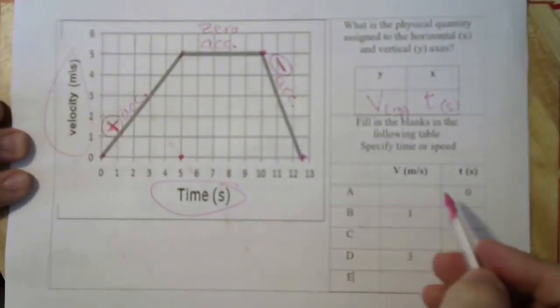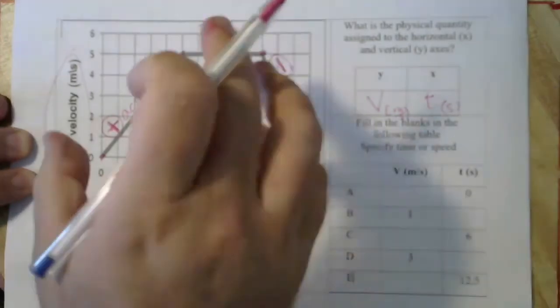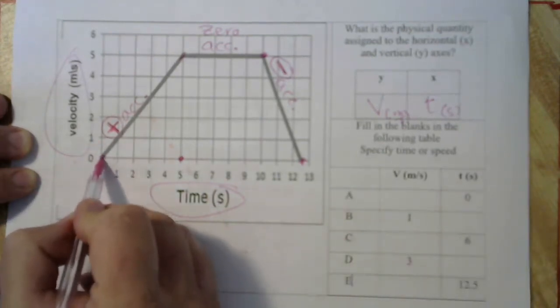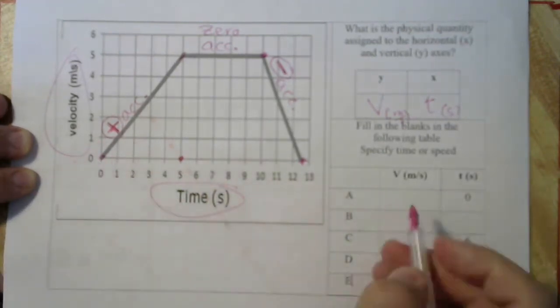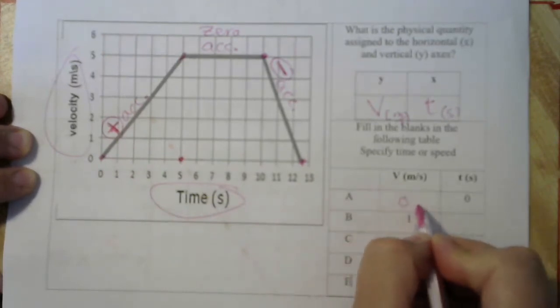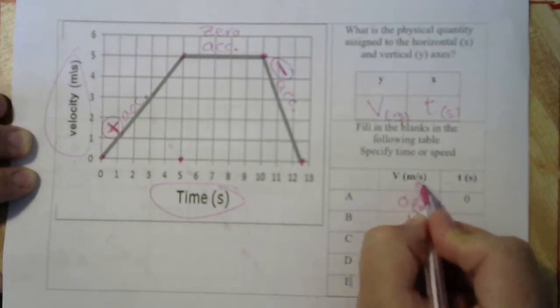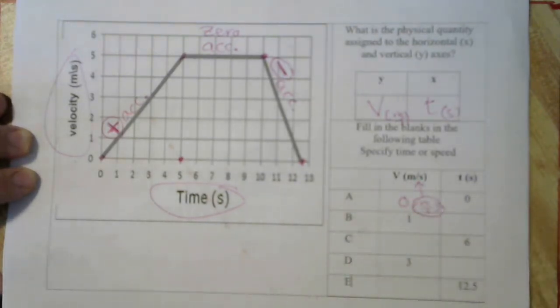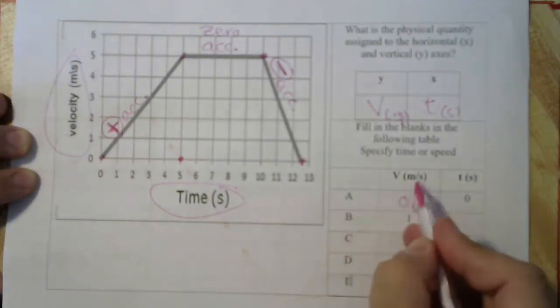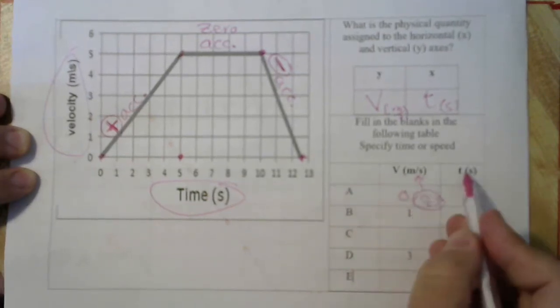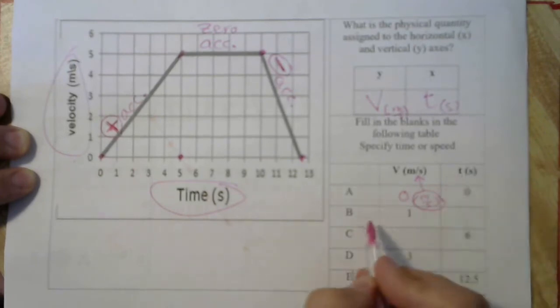Okay, we need to fill the table. How can we read the information from a graph? At t equals 0, what is the velocity? At t equals 0, the velocity is 0. I don't need to put meters per second because they are put in the title row. Okay, at velocity equal to 1 meter per second, at what time is the velocity 1?